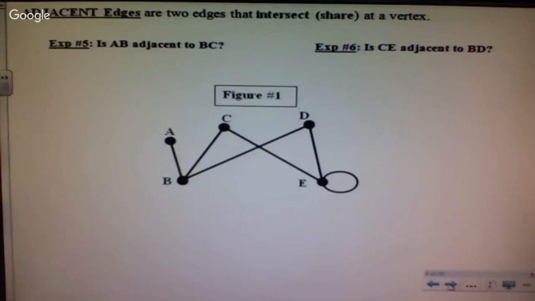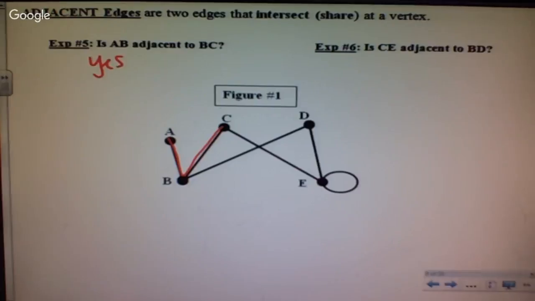In order for two edges to be adjacent, they have to share a vertex. They have to share a point in common. Okay. So, is AB adjacent to BC? Yes. They share B in common. Is CE adjacent to BD?